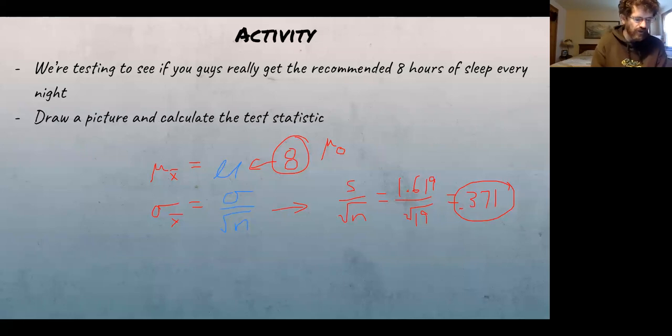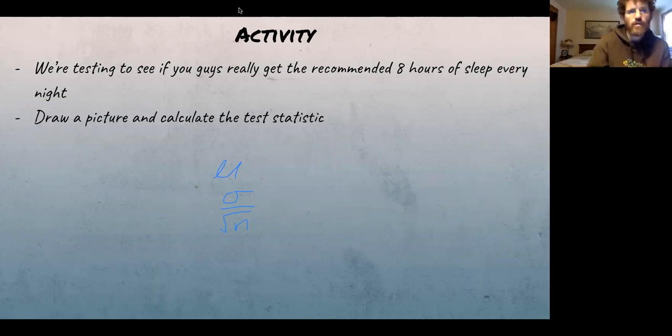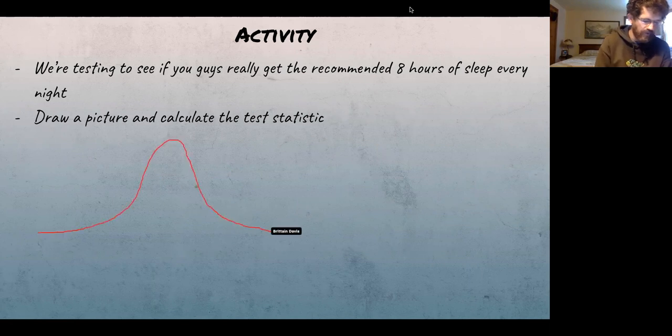So now we want to draw a picture and calculate this test statistic. All right. So let's start off with this. I'm going to give it a long tail on the left, just in case what happens in this class is the same thing that happened earlier.